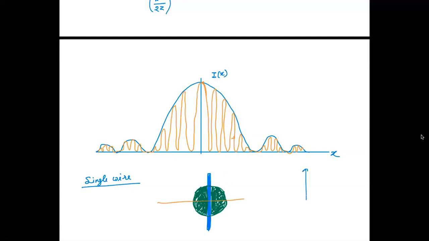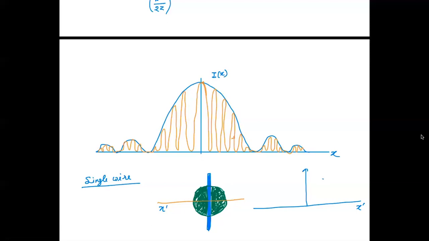Anybody? Remember that the transmission here due to the wire is 0, and transmission here is 1. So there'll be a dip in the middle. It is the opposite of the well.